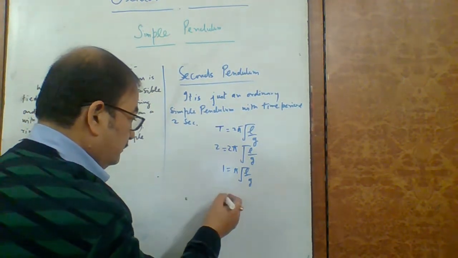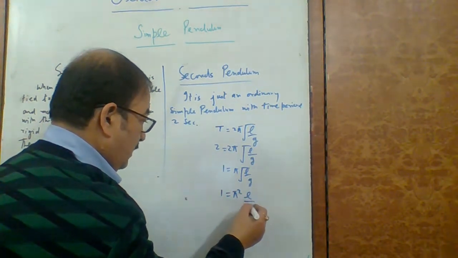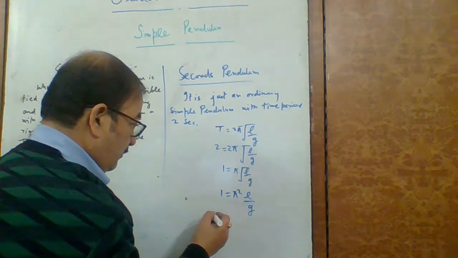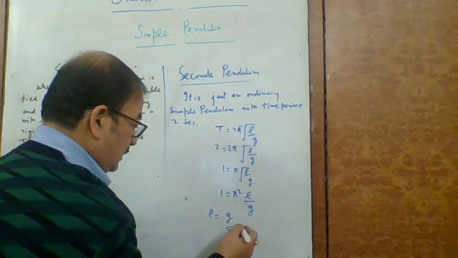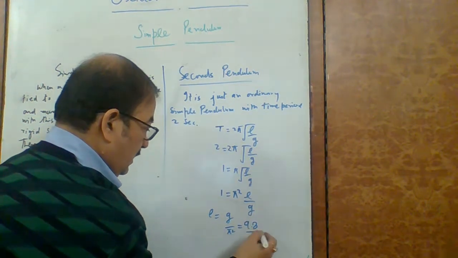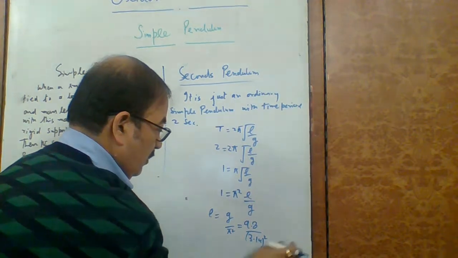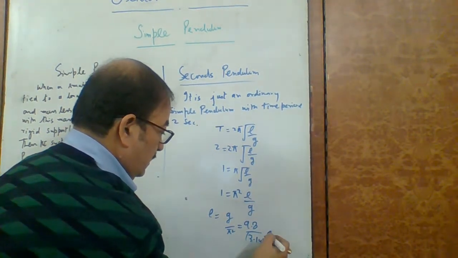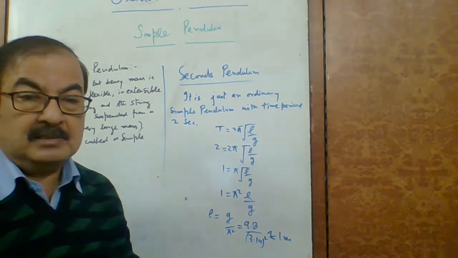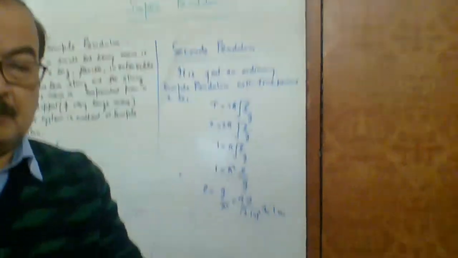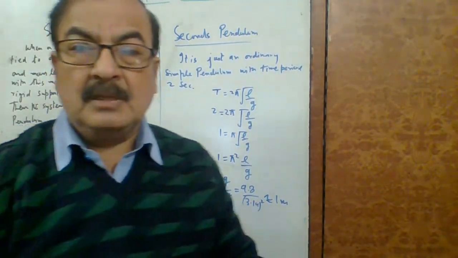What we get? 1 equal to pi square L upon G, and therefore L equals G upon pi square. G is 9.8 and this is 3.14 whole square. So approximately we get 1 meter. The seconds pendulum has an approximate length of 1 meter, and that is how we have discussed seconds pendulum.